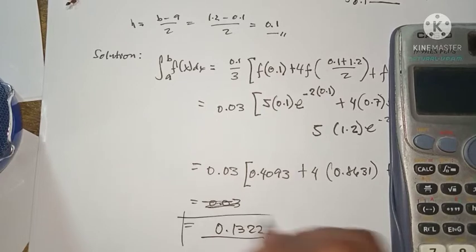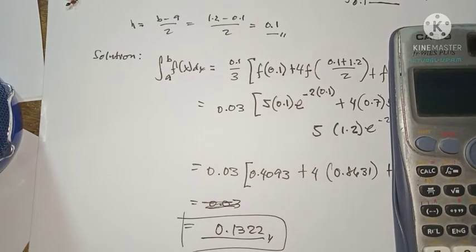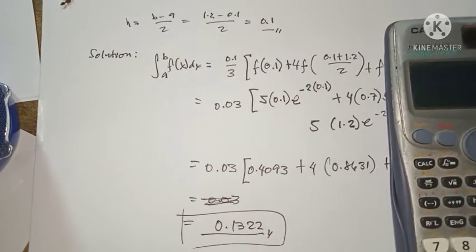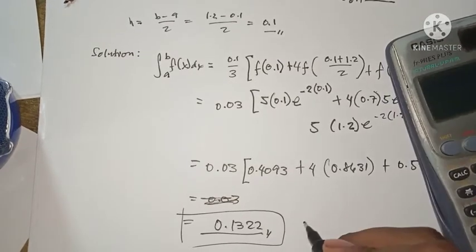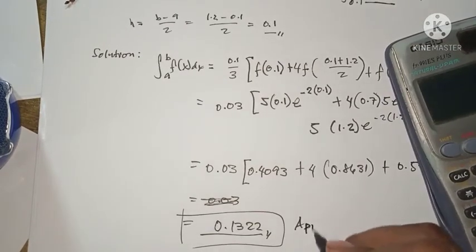So this is the result using Simpson's one-third rule, 0.133. This is the approximate value.